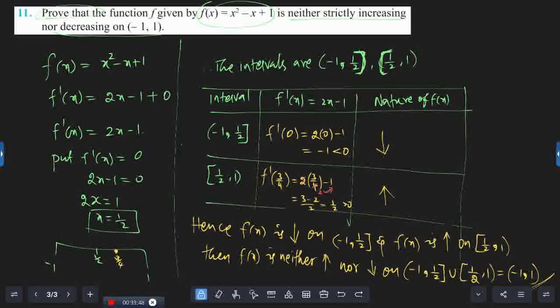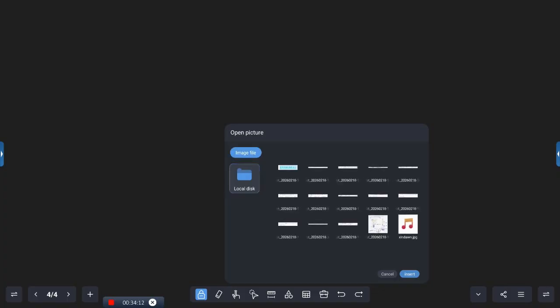Write fast. Completed? Okay. Next, what is the question number? 12.